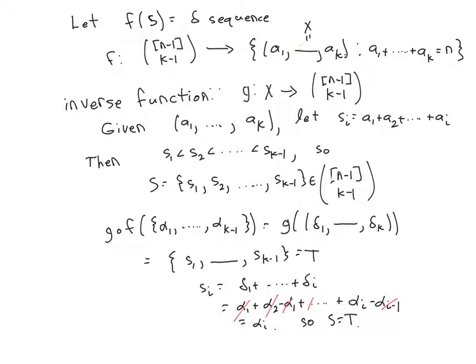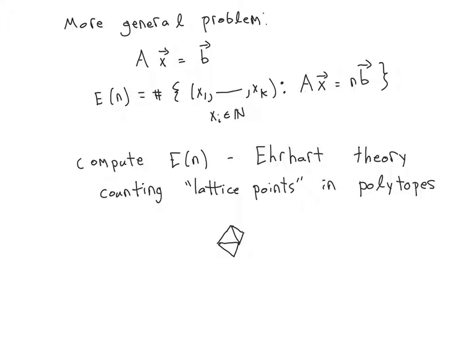It should be familiar from Calc 2, except they don't use subsets, they just call them telescoping series. And so that gives a much more natural proof for why binomial coefficients count these solutions and subsets. Because for every subset there's a specific solution, and for every solution there's a specific subset.